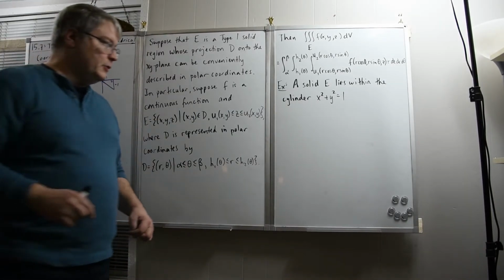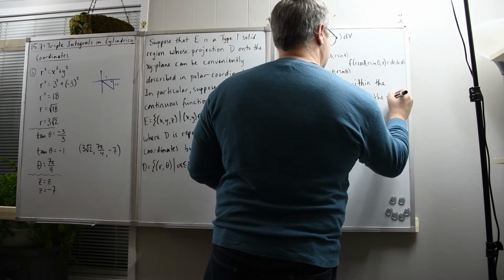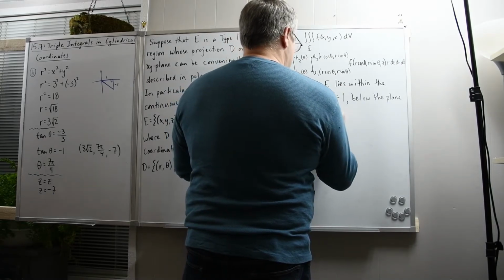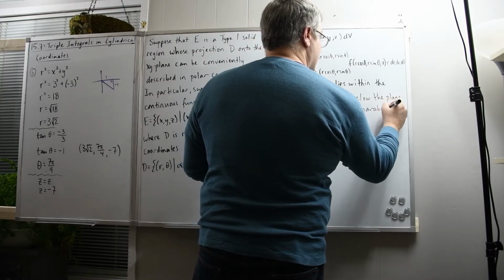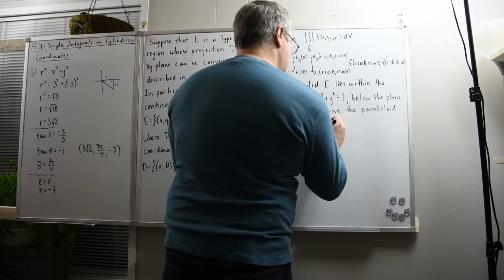Let's say it lies below the plane z equals 4, and let's say it lies above the paraboloid z equals 1 minus x squared minus y squared.